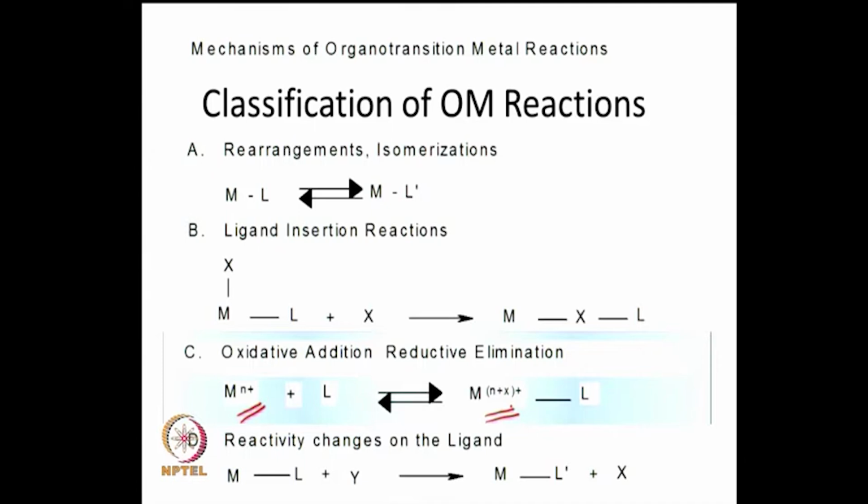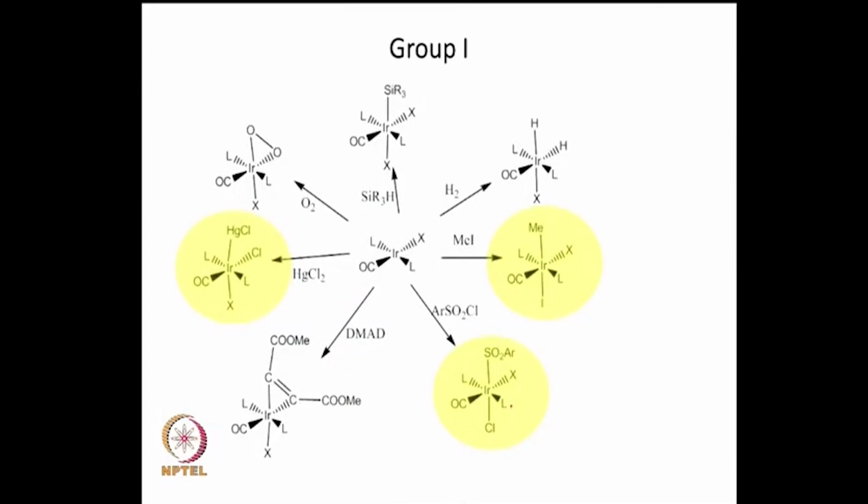Let us take a look at some of the possibilities in oxidative addition. We classified the types of oxidative additions based on the addenda. Vaska's complex is a typical complex, and it undergoes a variety of oxidative additions, which we classified into 3 groups.